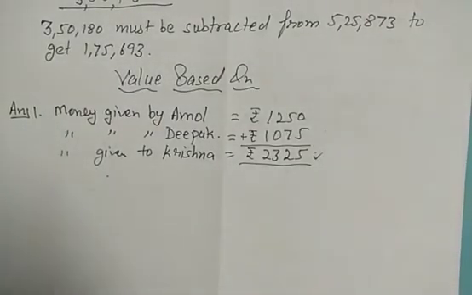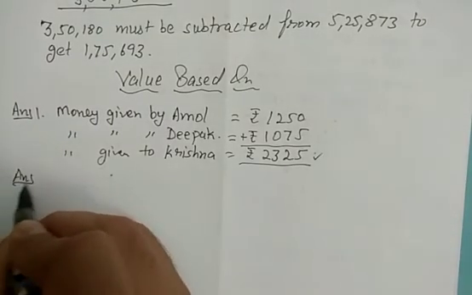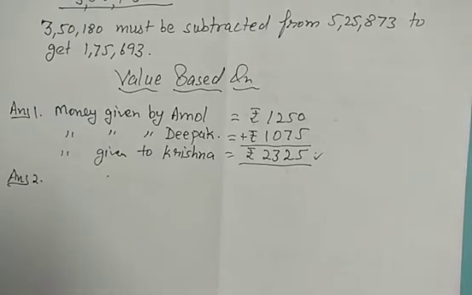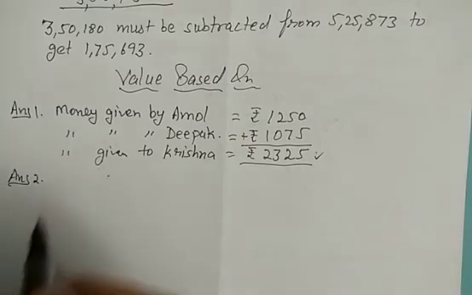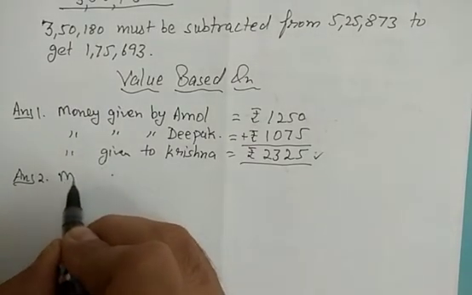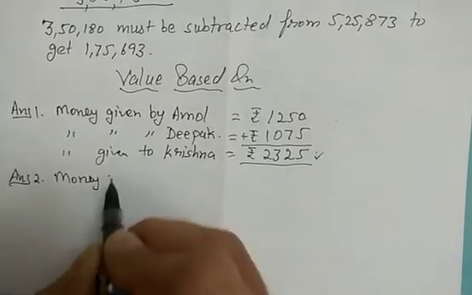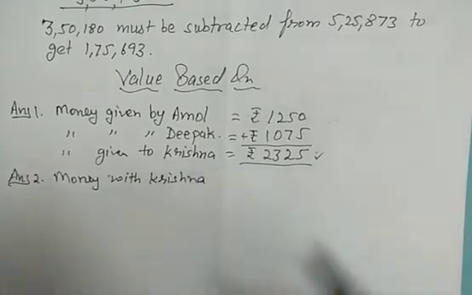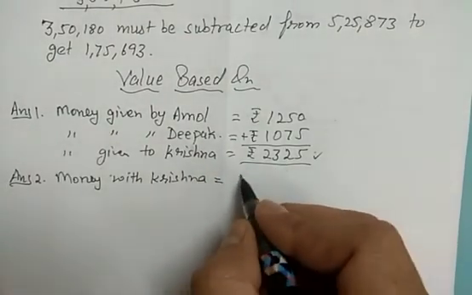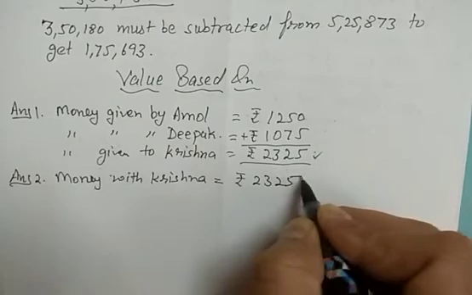Now the second question is, if Krishna needed rupees 2000 for his new books and uniform, then how much money is left with him? Whenever we have to find out what is left, which operation do we use? Yes, we will subtract. Money with Krishna: how much money does Krishna have? That is rupees 2325.